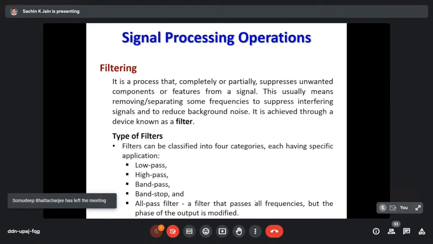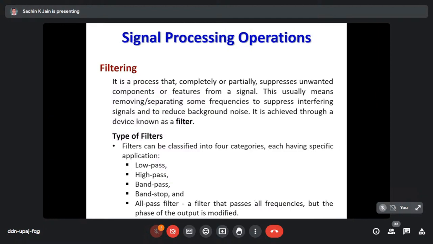Now, filtering is one of the very important signal processing techniques, generally considered synonymous with signal processing. Most of us who are not well aware of signal processing consider that signal processing means filtering circuits, but it is just one of the many signal processing operations.